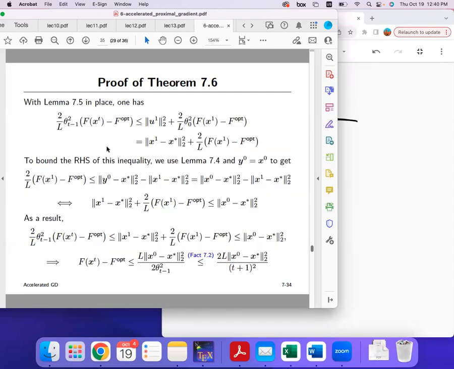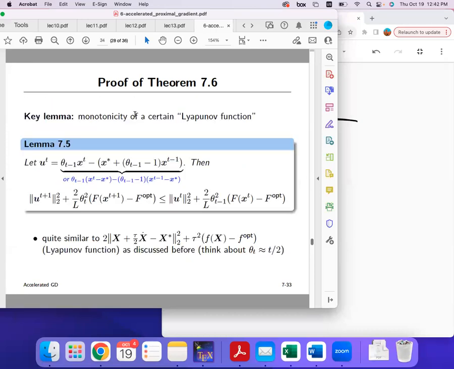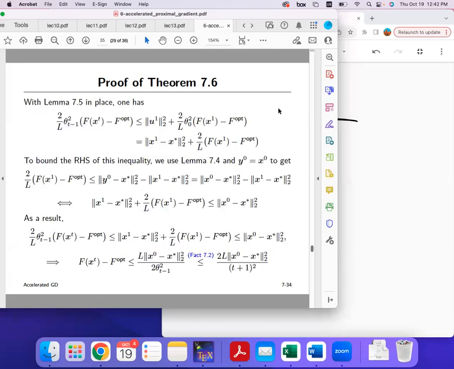Okay. So what we get is that the left-hand side, this is the Lyapunov function at time t, will be less than or equal to the term at t equals 1. And then we can drop that.